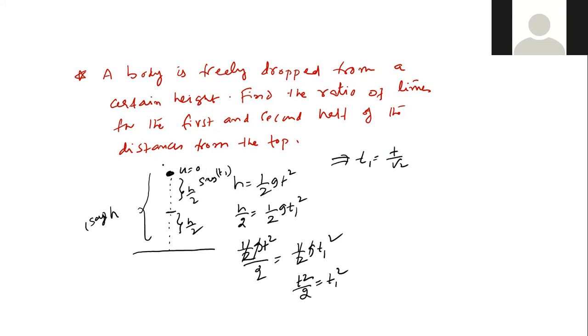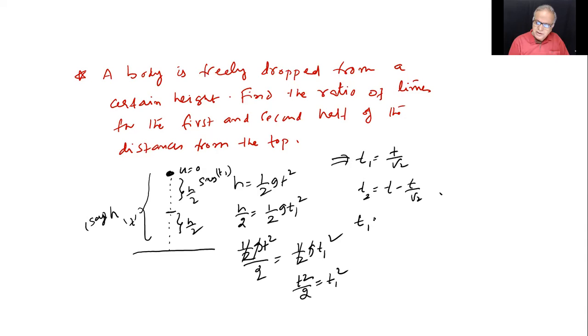We said the total time may be t, and the first half time is t by root 2. So what will be the time for the next half? Total time minus this time, isn't it? Call it t2. t minus t by root 2. Therefore, t1 is to t2 is t by root 2 is to... I'll take t by root 2 out of this.